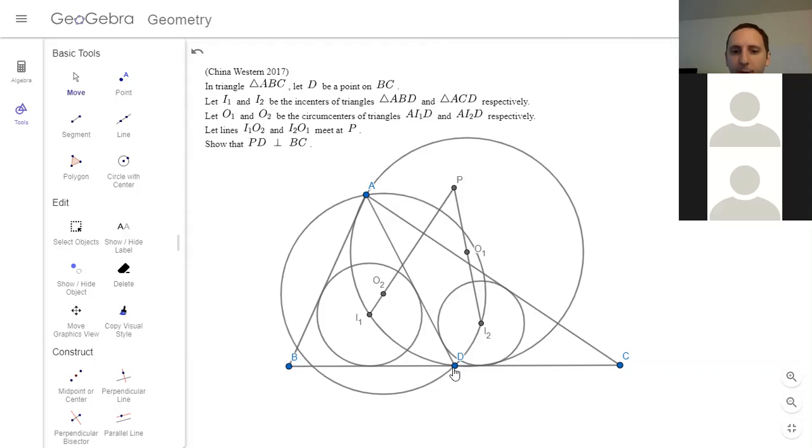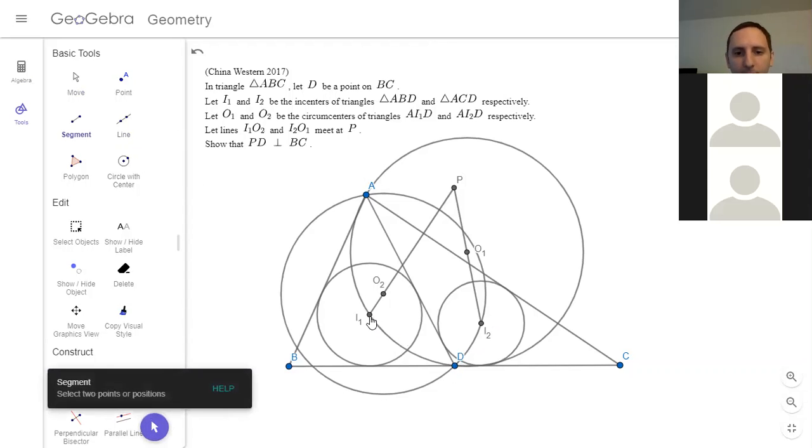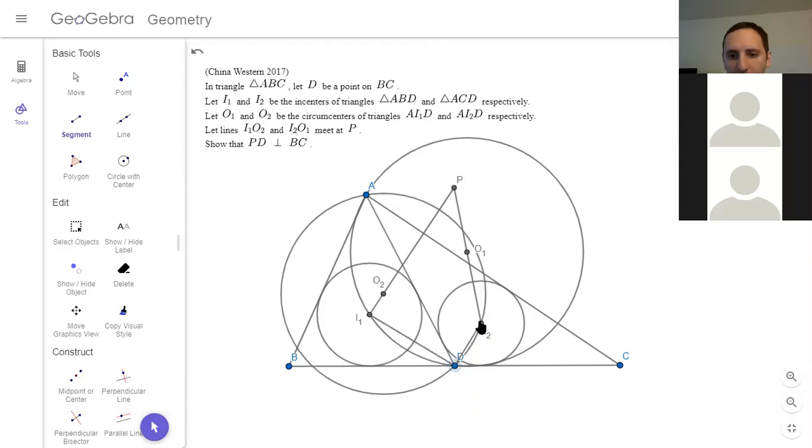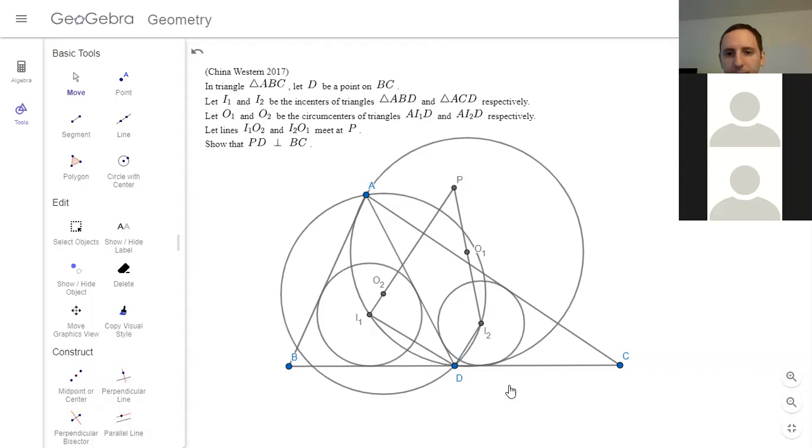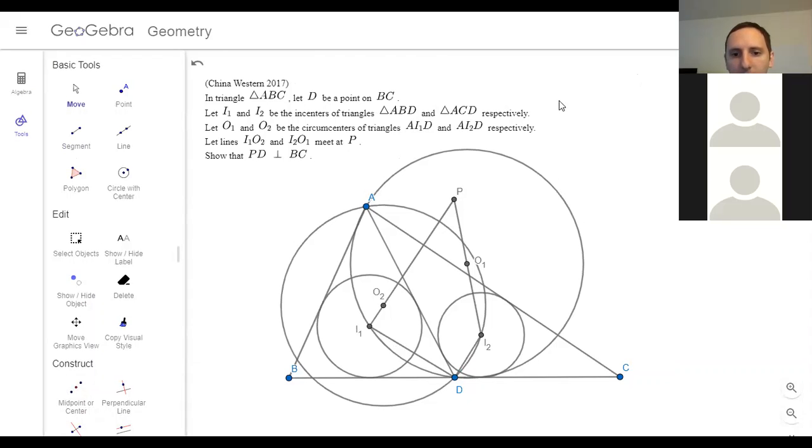Obviously, angle I1DI2 is 90 degrees. Maybe that'll help because these are both angle bisectors. So this is the line connecting the centers of two circles, so it's perpendicular to their radical axis. I don't know if that helps. Complete the diameter, maybe.